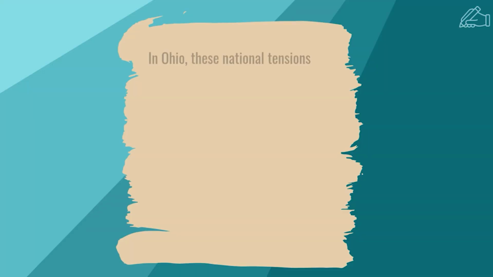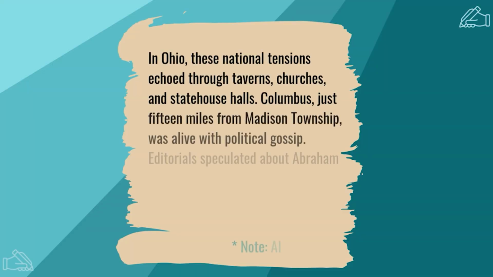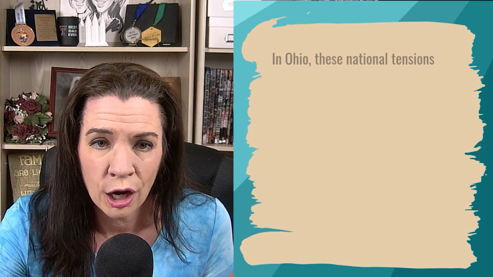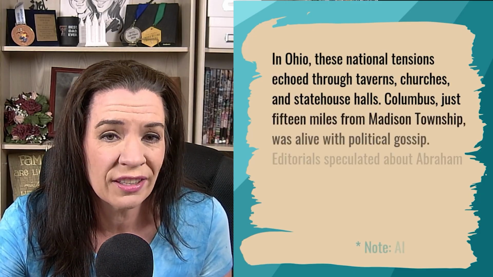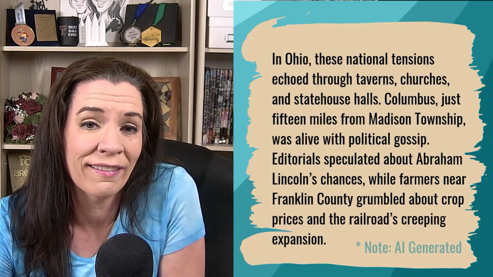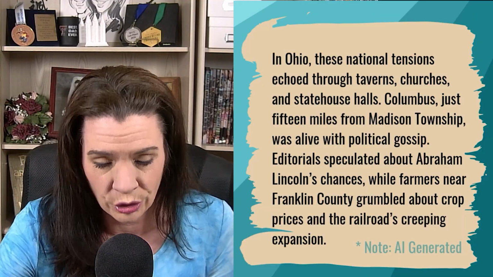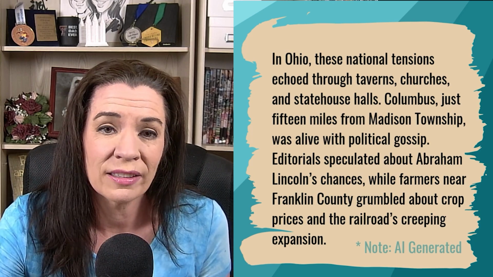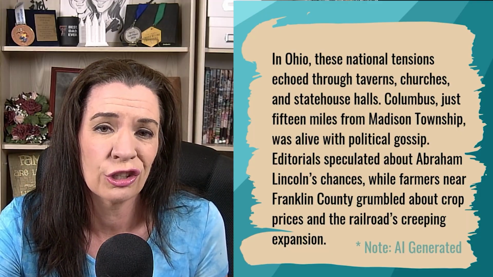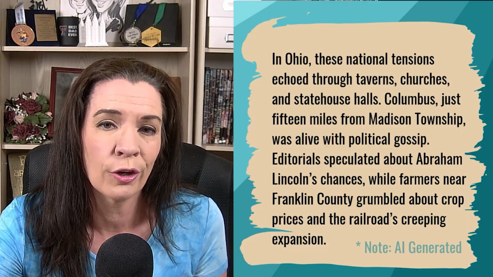Editorials speculated about Abraham Lincoln's chances, while farmers near Franklin County grumbled about crop prices and the railroad's creeping expansion. Notice how we are somewhere specific, in a specific moment in time, 1860 Franklin County. Now, we could get even more specific into a home, and that's important, but we're inside the kinds of conversation and concerns people were actually carrying around with them.